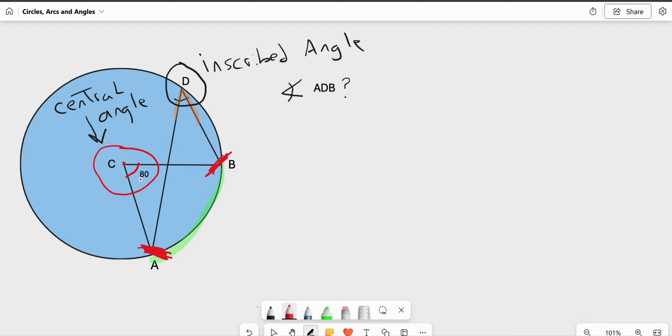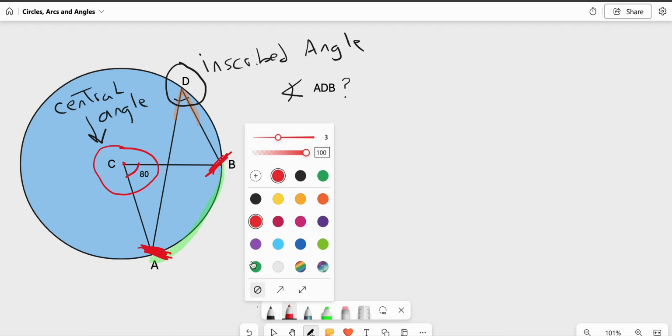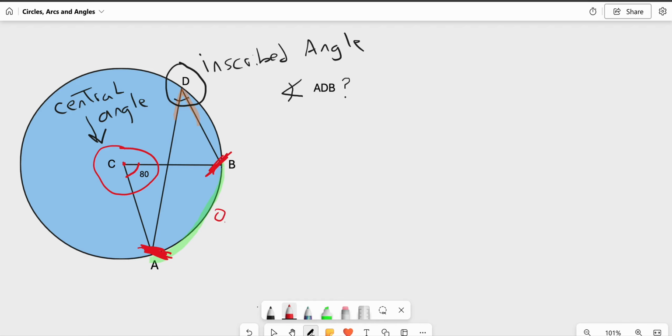And we know from the theory that the arc intercepted by a central angle is equal exactly to the central angle. So we know that this arc is 80. A central angle and the arc intercepted by it measure exactly the same.